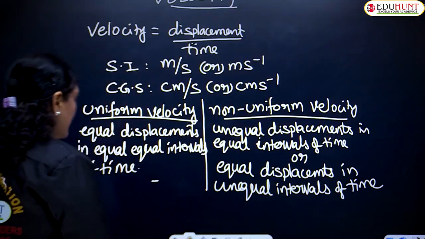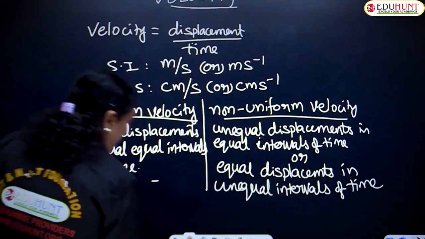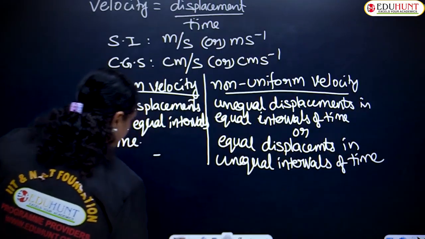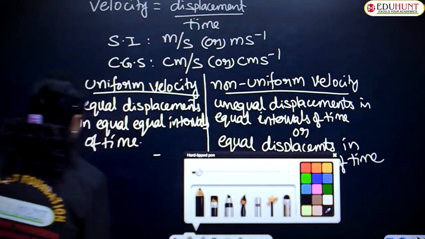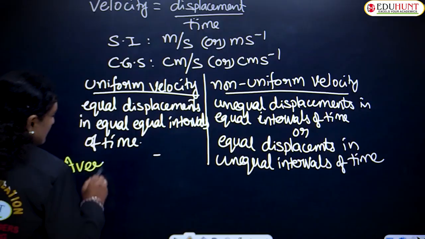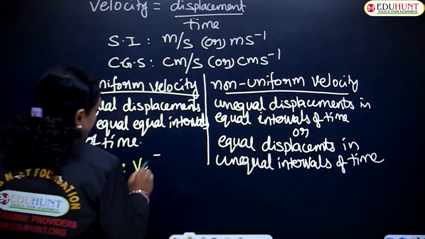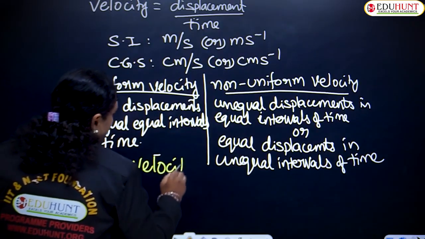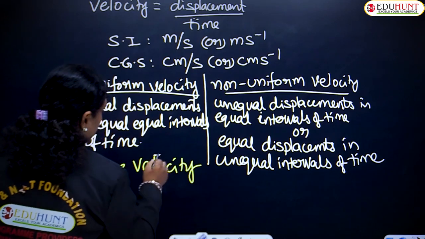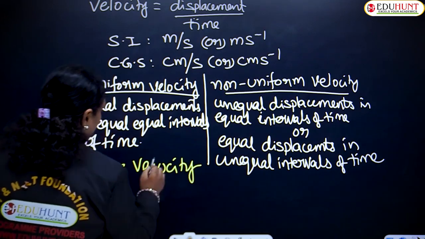Now, the last part is average velocity. So, what makes the difference between velocity and average velocity? Here we go.